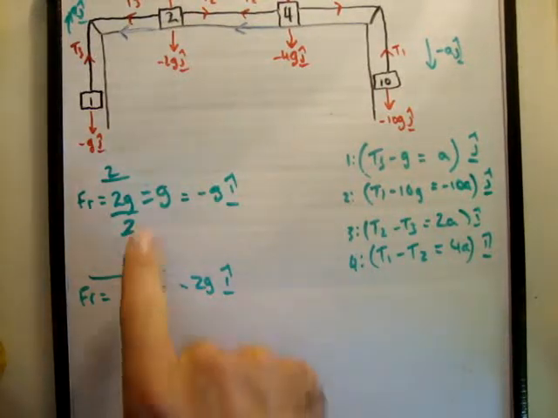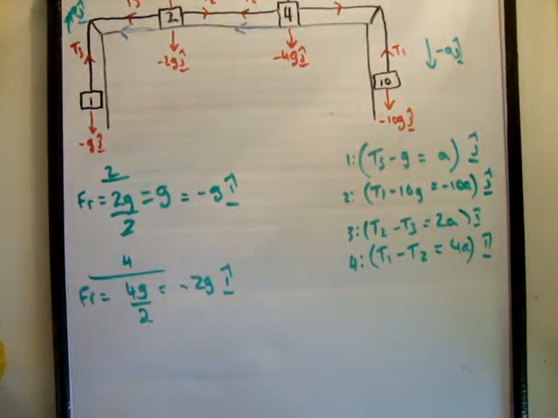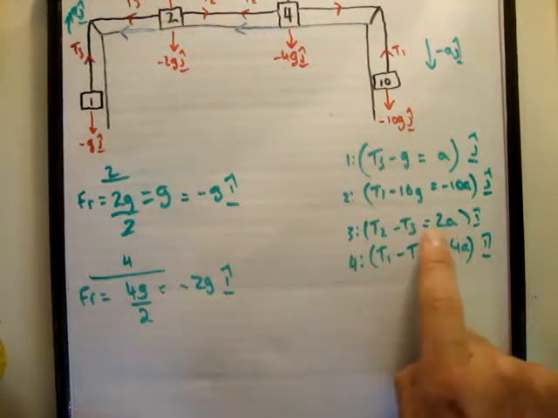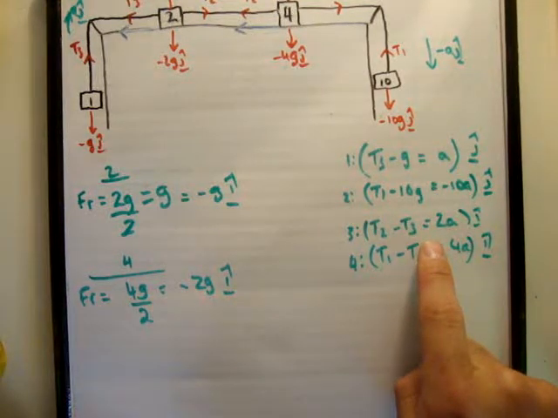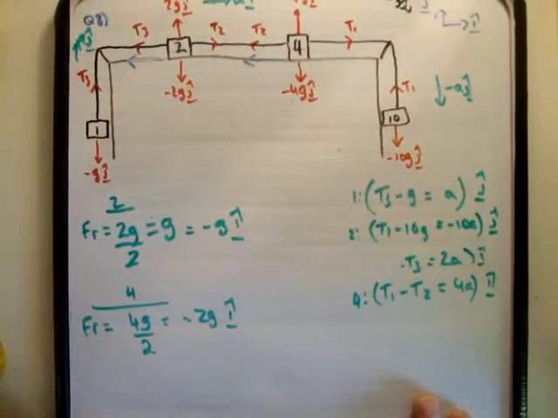Alright, so all I'm going to do is plug these back into the equations which you already made, just to make it a bit quicker. So we're talking about T2, this one here. So it's T2 minus T3. Let's plug this in here.